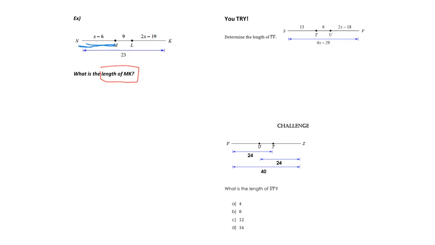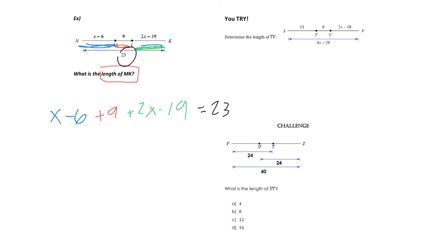Because I know NM is x minus 6, ML is 9, let me use a different color, and LK is 2x minus 19. Those are my 3 pieces of the line segment, and the whole thing is 23. So those 3 pieces got to add up to the whole thing.